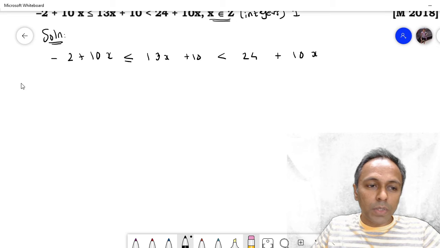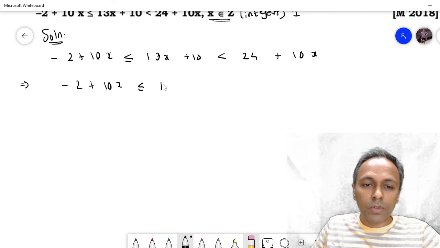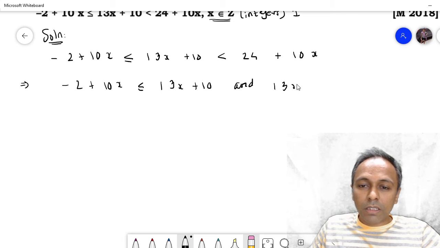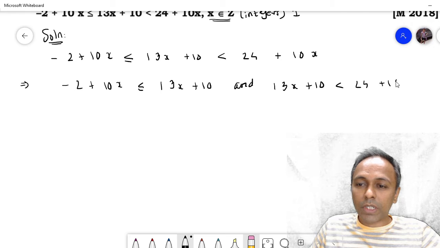Let's break this into two parts. So this implies -2 plus 10x is less than or equal to 13x plus 10, and 13x plus 10 is less than 24 plus 10x.